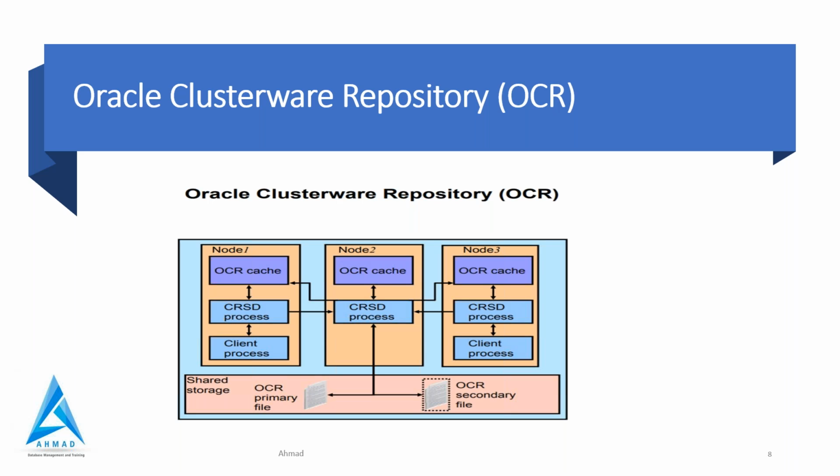Each node in the cluster maintains a copy of OCR in memory, and CRSD will access the OCR cache. Only one of the CRSD processes actually reads from OCR and writes to the OCR file on shared storage. So see that the second node's CRSD process is writing, not node 1, not node 3. So if you have three nodes, you have three CRSD processes, but only one CRSD process will write to storage. Clear?